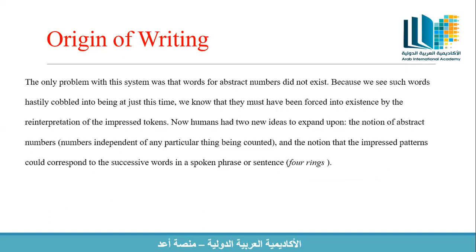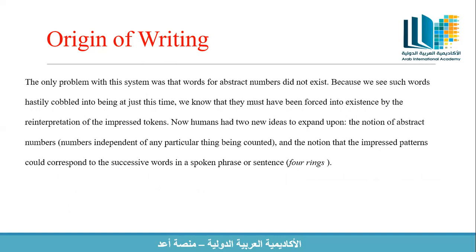So the only problem with this system was that words for abstract numbers did not really exist, because we see such words hastily coupled into being at just this time. We know that they must have been forced into existence by the reinterpretation of the impressed tokens.